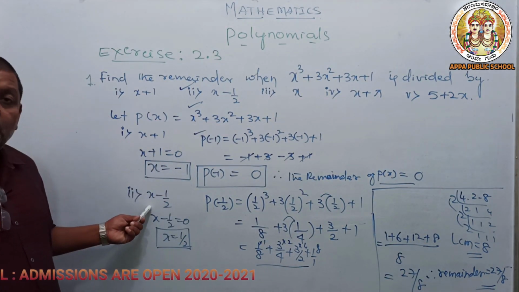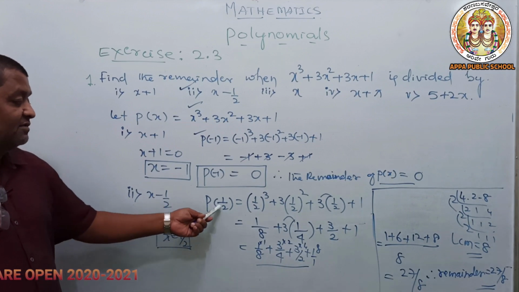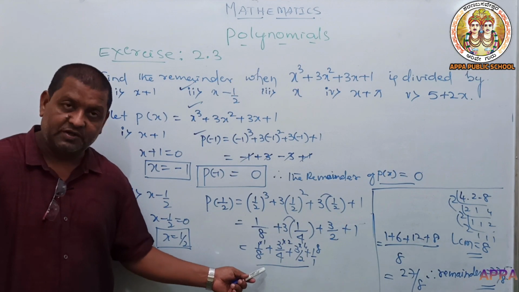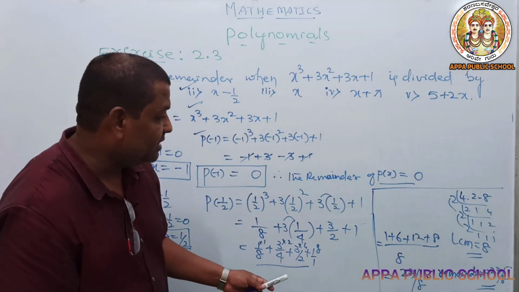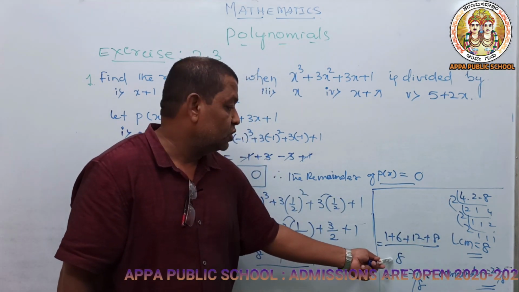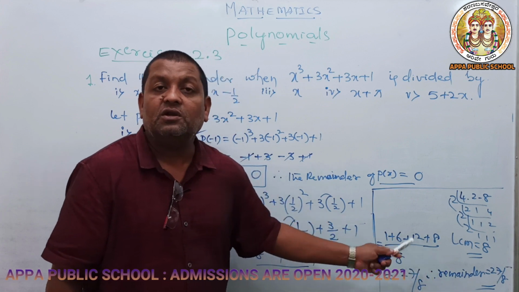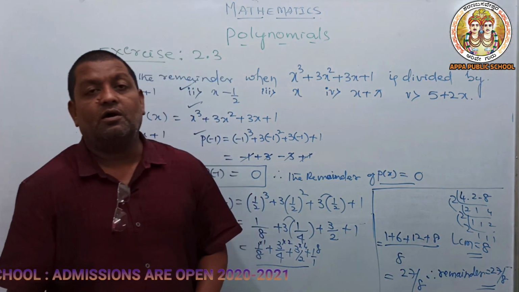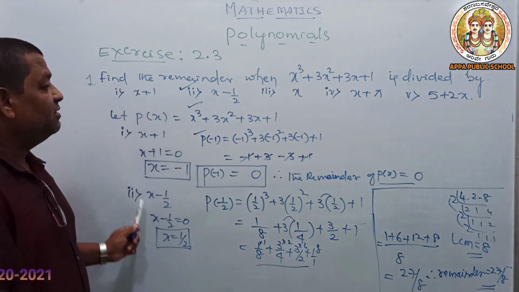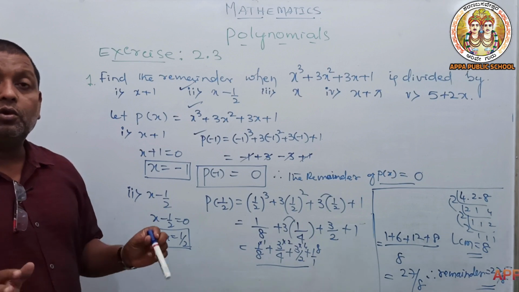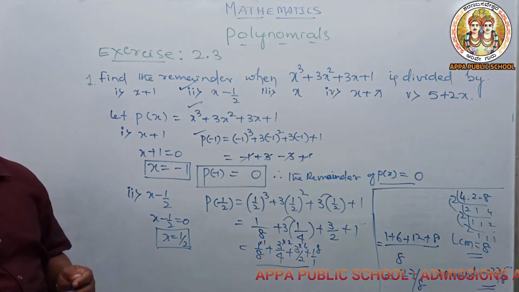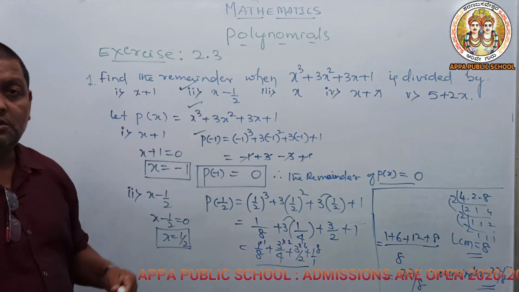Like this, here also I found the value of x and substituted it. After simple addition and subtraction, by taking the LCM, which we already know is 8, this is simple fraction addition. So by that we got the remainder. In this way you can find the remainder without any long division process. This is the help given by the remainder theorem.